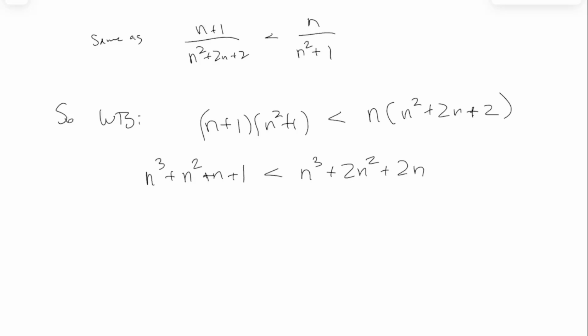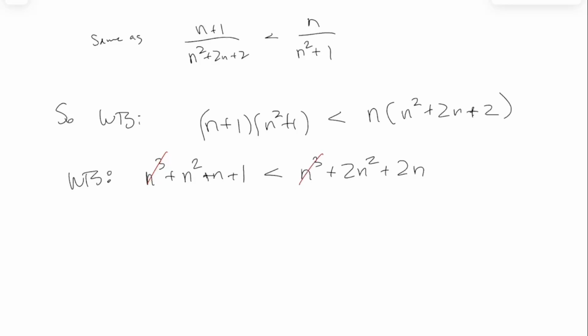Can we continue to simplify? This is what I want to show. Yes? What else? He's nodding. Subtracting to get n squared besides. Yeah, on either side, I can just subtract n cubed from both sides.